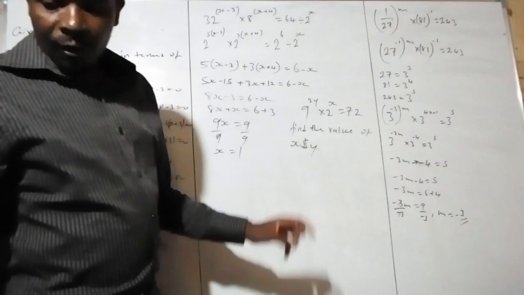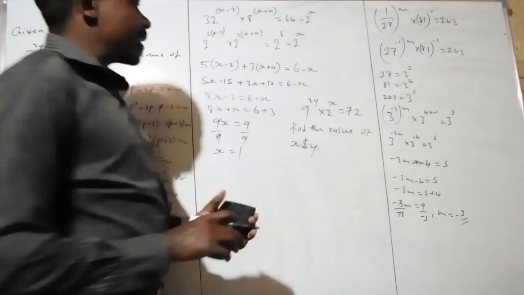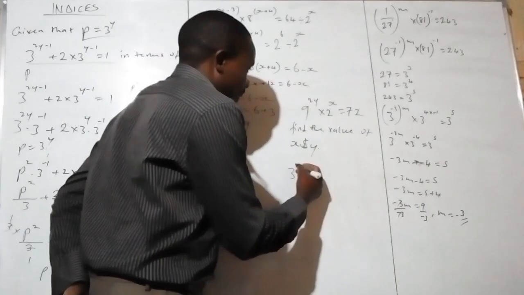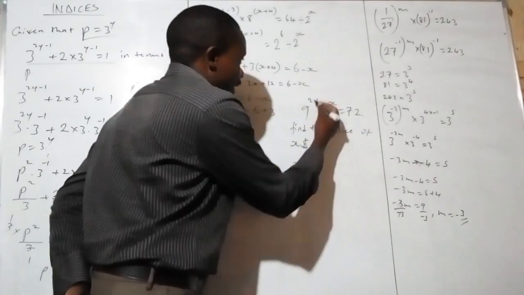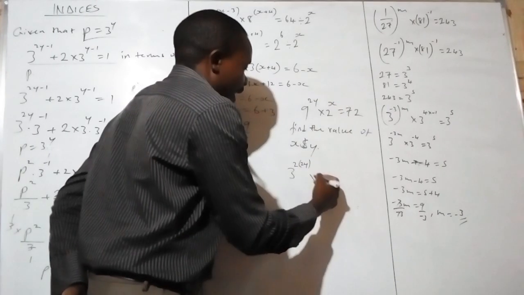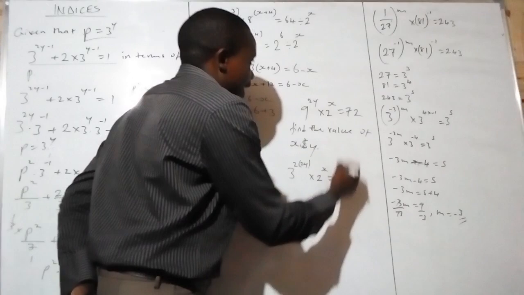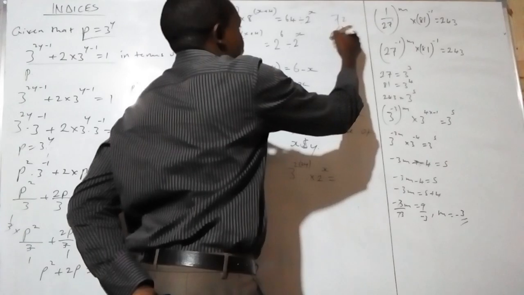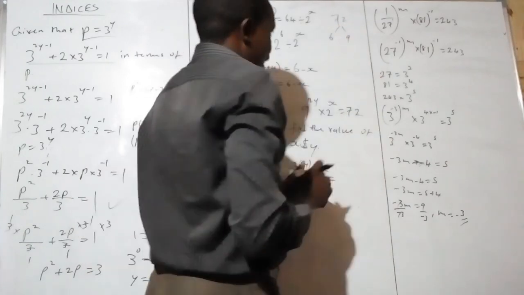9 is the same as 3 squared, but here we have power 2y like that, then times 2 raised power x is 72. Factors of 72, we have, is it 6 and 9? 6 and 7?